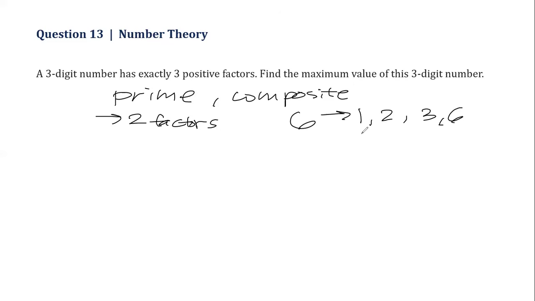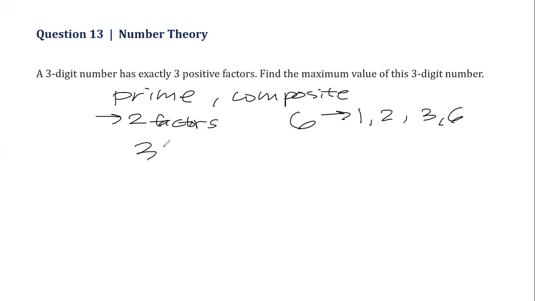So how can it be possible for a composite number to have exactly 3 factors? Only square numbers have an odd number of factors. If you want a number that has exactly three factors, that number should be the square of a prime number.